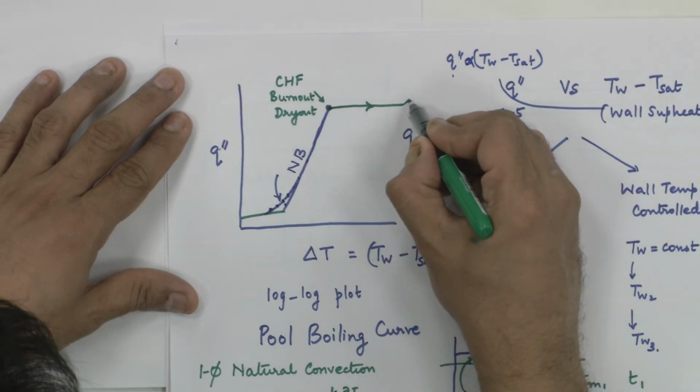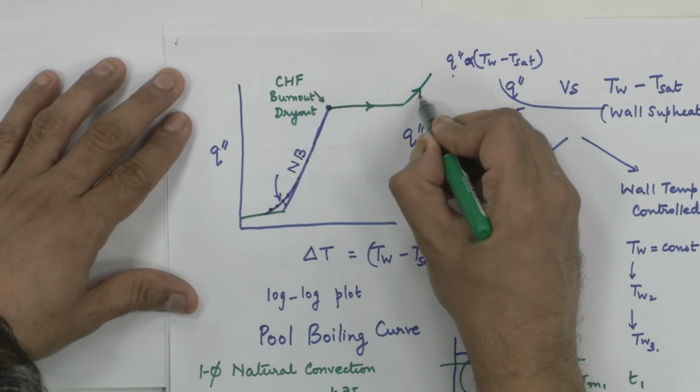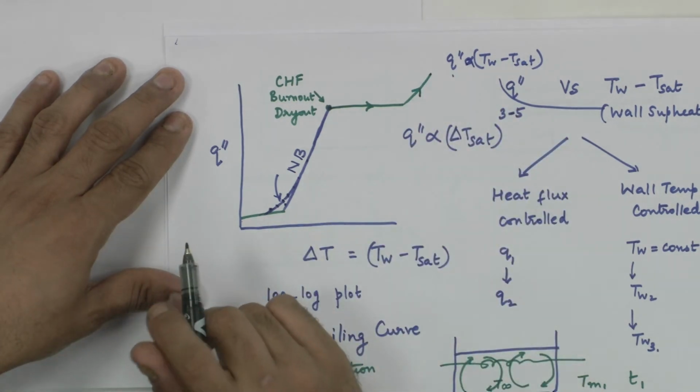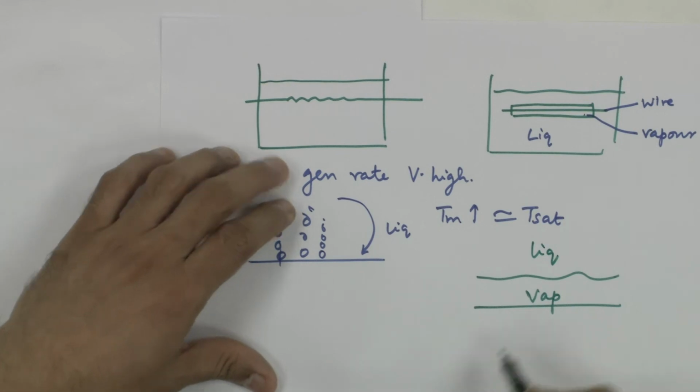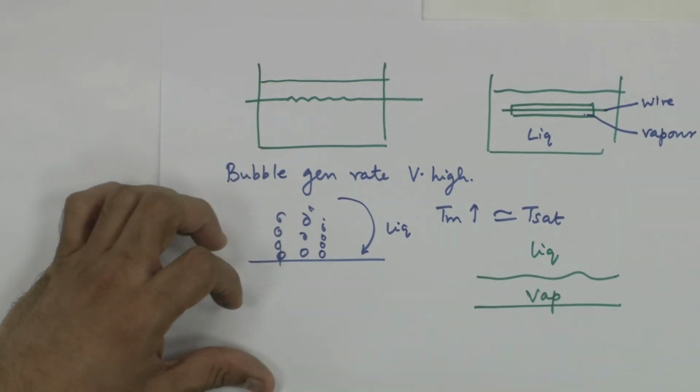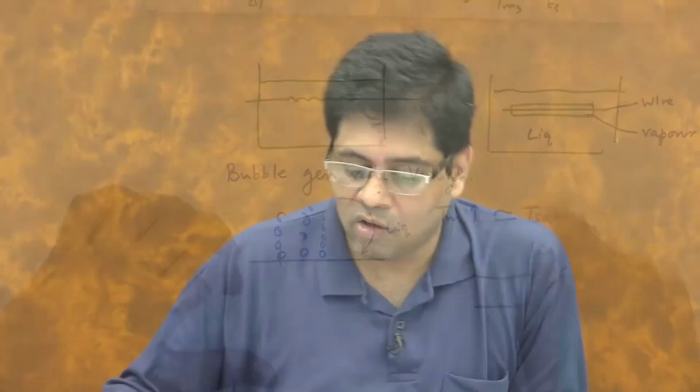and you continue to increase the heat flux, you go into what is called film boiling, where there is no more liquid contact with the heated surface, you have only vapor and you have liquid on top, and this liquid is unable to come in contact with the heated surface, and you have vapor which is dominating resistance to heat transfer. Remember, thermal conductivity of vapor is very small, so the wall temperature further increases rapidly.